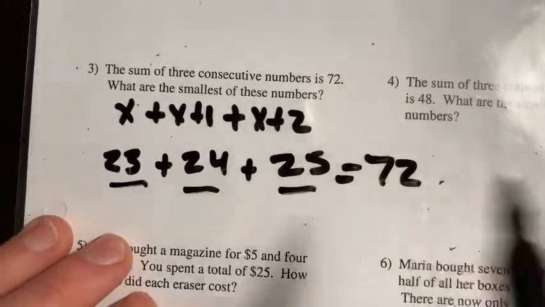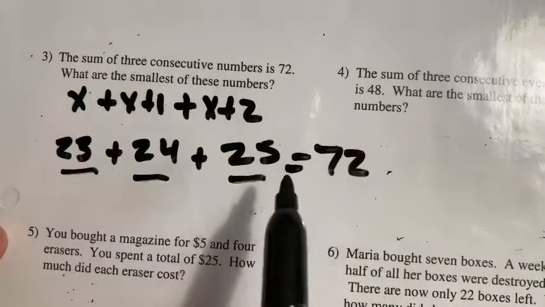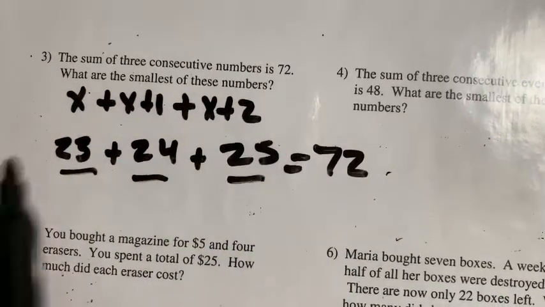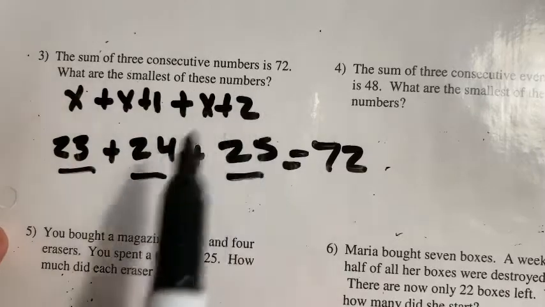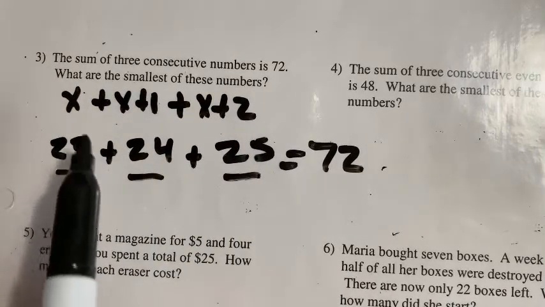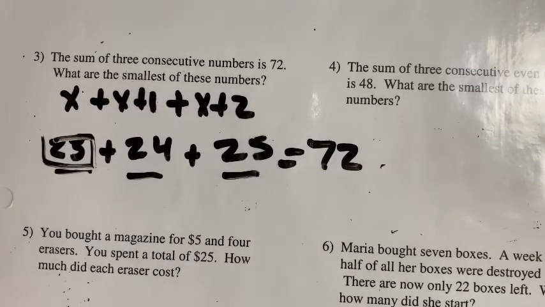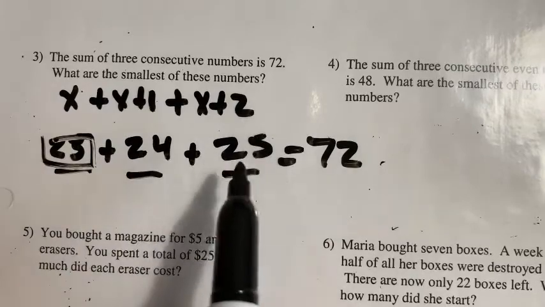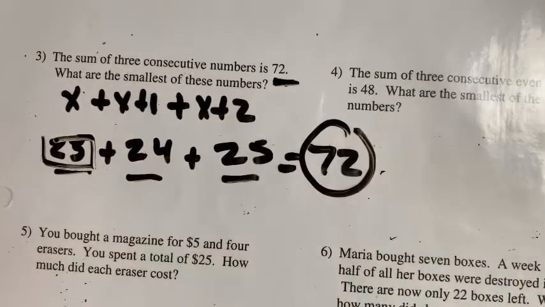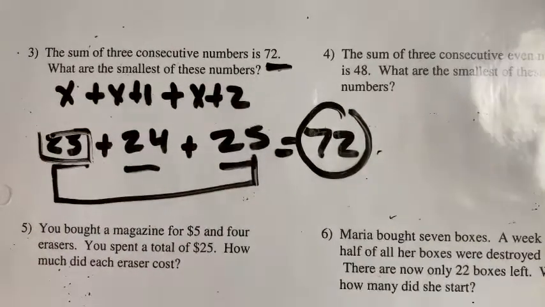And remember, that was a really critical part of this question: the sum, add it all up, of 3 numbers equals 72. What is the smallest of these numbers? Well, it's actually our first number that we started out with, that x. It's 23. So what's the smallest number? 23. 23 plus 24 plus 25 equals our total of 72, and it's our sum of these 3 numbers.